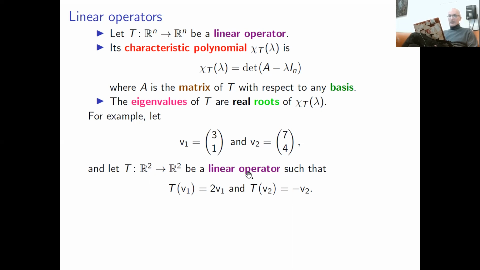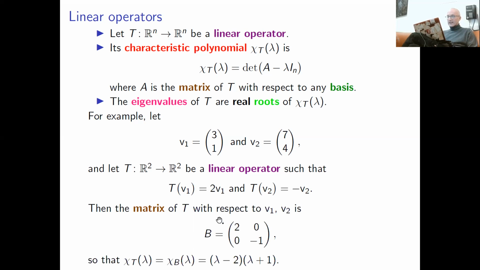If you ask me what the standard matrix of this linear operator is, I don't know. I can compute it, but I don't know it now. But with respect to this basis, its matrix is very simple. It's by definition diagonal, because the linear operator basically just scales the vectors v1 and v2.